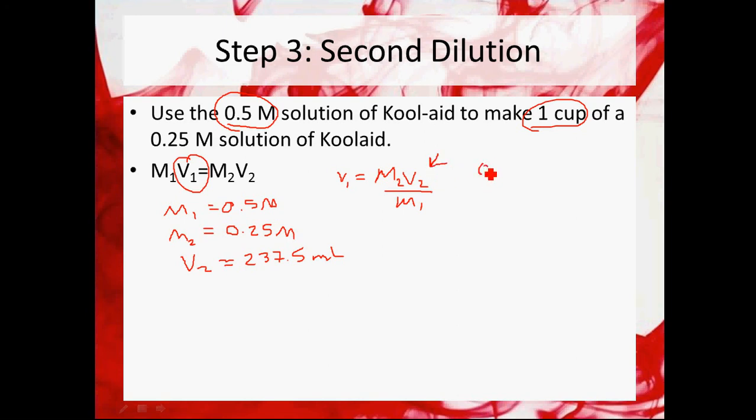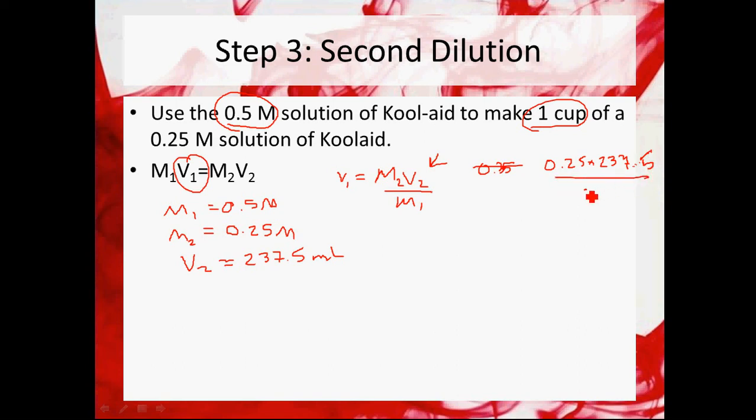So plug the numbers that you have into your equation here. So that's going to be 0.5, just kidding, that's 0.25. There's no erase button on this thing. Just mark it out. Times 237.5. It's glitching a little bit, sorry about that.